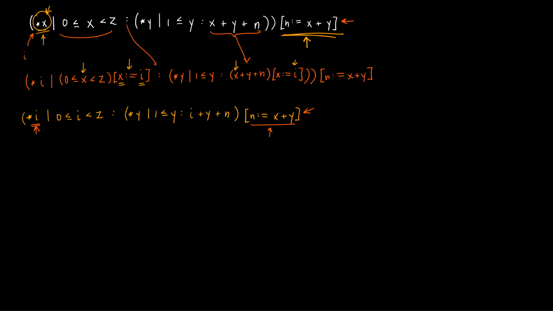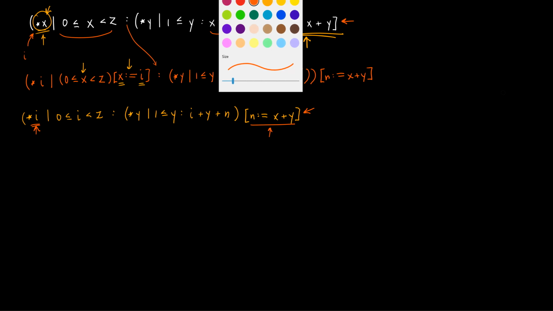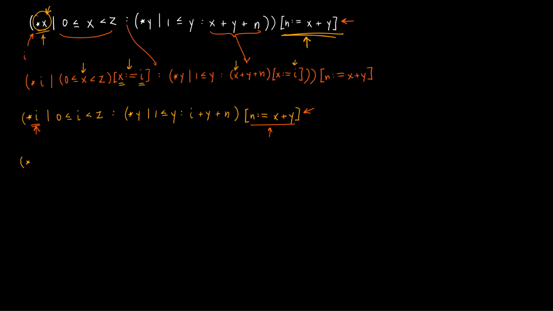So what we can do at this stage is simply carry in the n mapped to x plus y into the two terms of our quantification. So the way that that would look is a bit like this. We're going to have our quantification over I, and we're going to have 0 less than or equal to I less than z.